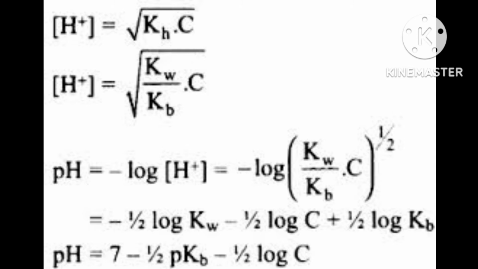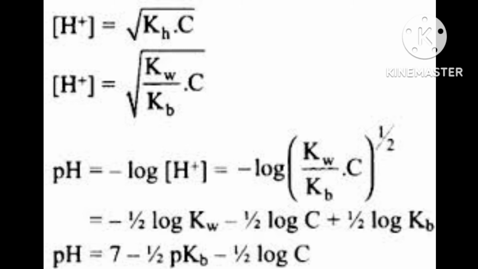Okay, buffer solution. And how will you prepare a buffer of known pH? If you want to make a buffer, then how will you make it? Suppose you want to make a buffer solution of pH 7 or pH 9 or pH 10.